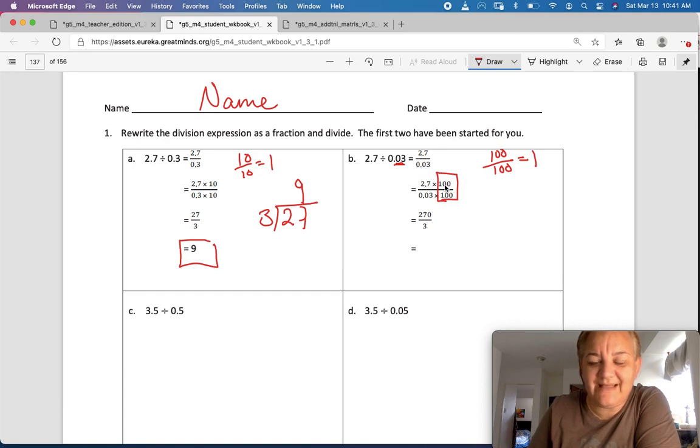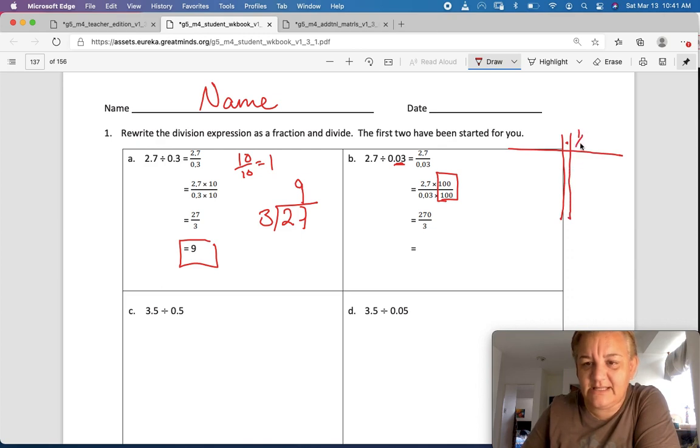So 27 times 100, and you know what? I'm going to erase this and I'm going to draw a little place value chart. Here's my place value chart, and I'll just use that line right there. There's my decimal. And here's my tenths and my hundredths. And over here are my ones and my tens and my hundreds.